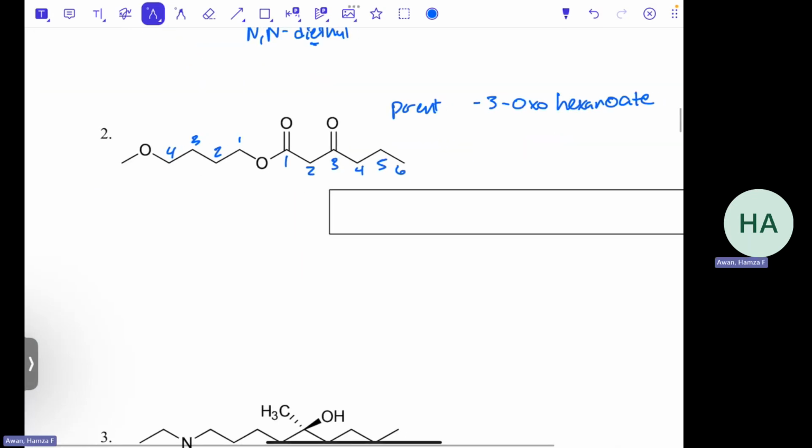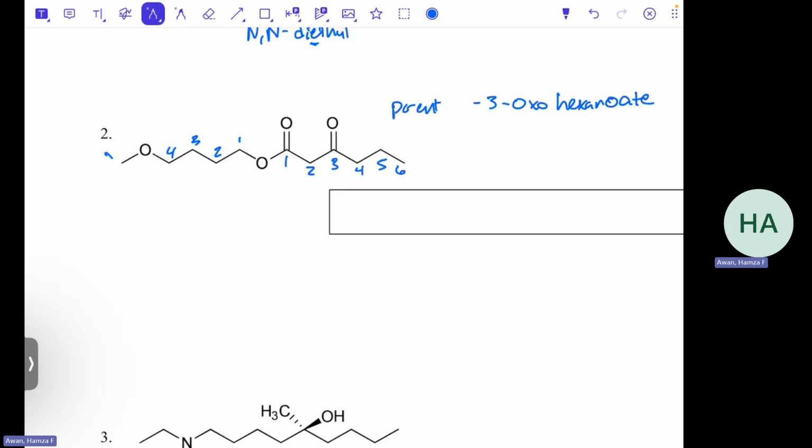And then for the left side, we have a butyl chain, and then we have an OCH3 at the end. That's going to be called a methoxy group. So we have the oxy, meaning the O, and then the methyl being the chain coming off of the ether.